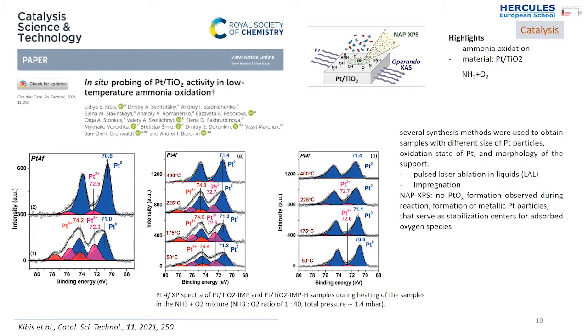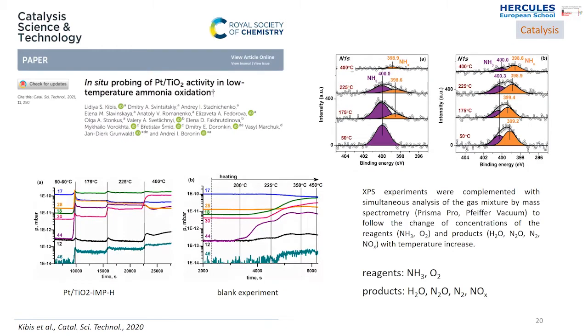So based on other techniques together with our experiment, they can conclude that the hydrogen one, the reduced sample, really works for the ammonia oxidation.